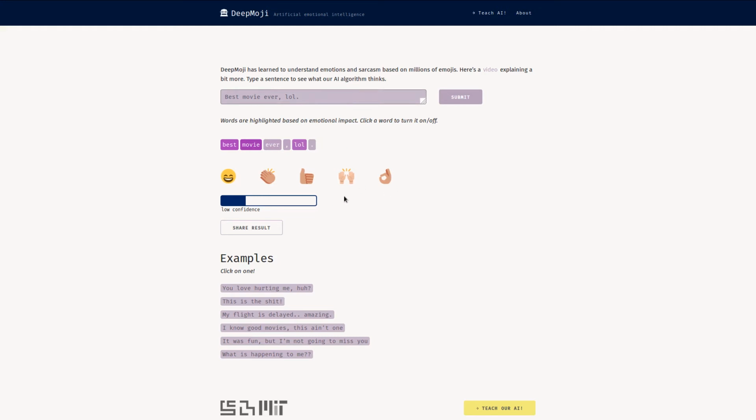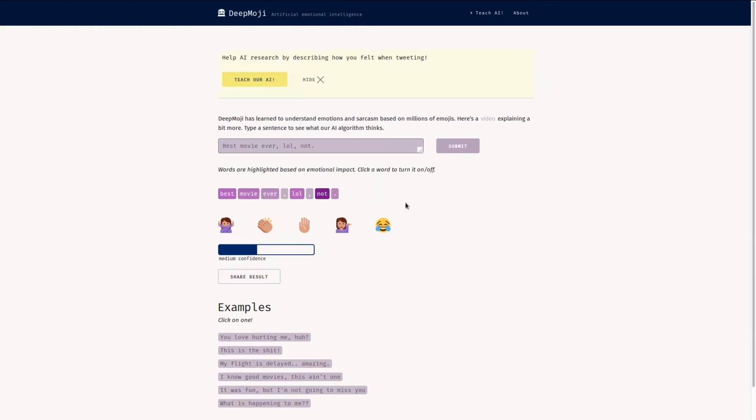So let's try to make this even worse by saying, not. And as you can see, it already changes the emojis associated to this to one that you might associate with sarcasm. It increases somewhat the confidence of it being sarcastic, but it definitely doesn't solve our problem.